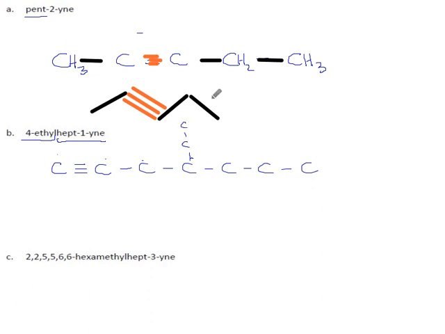If we line diagram this, we have from our first carbon to our second is a triple bond. After that, we have 1, 2, 3, 4, 5 singles.